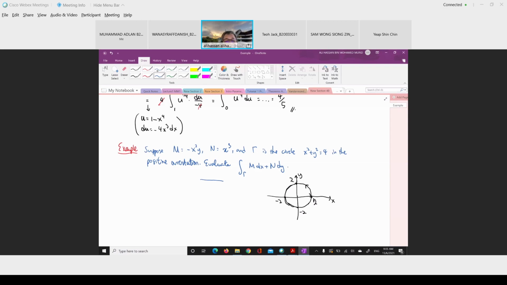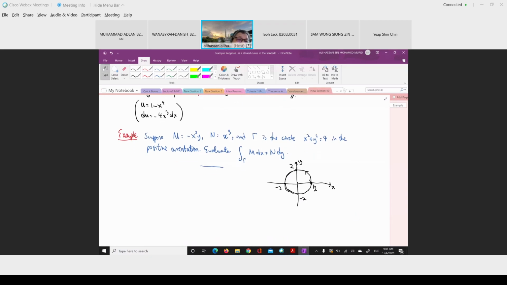One method is the parametrization method. Then you need to parametrize the circle. And is FTLI applicable? No. You can check quickly that FTLI is not applicable.